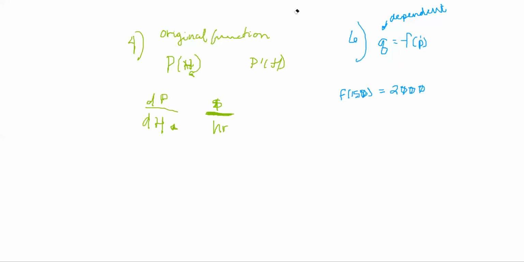Which also, because we're given that F of P is Q, this is also Q. And then we're also given, F prime of 150 is equal to negative 25. Okay, what does this mean?